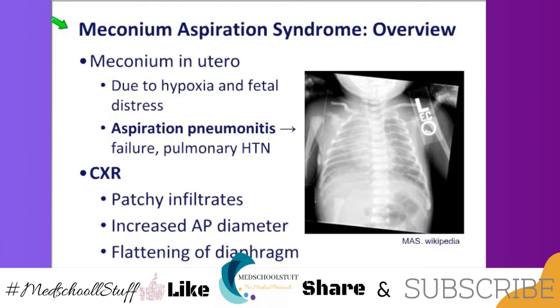So the baby's delivered, has respiratory distress, and the chest x-ray shows something more like an aspiration pneumonia.